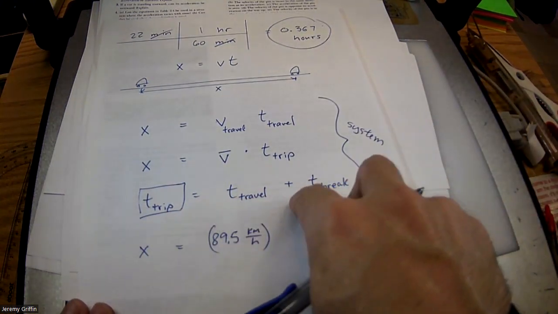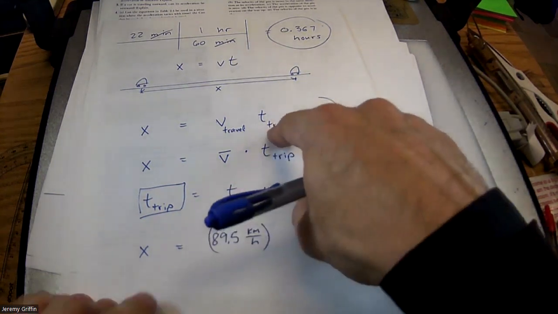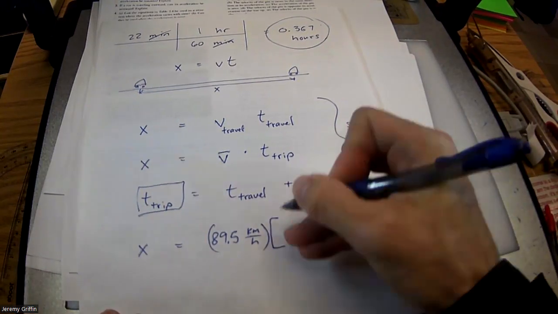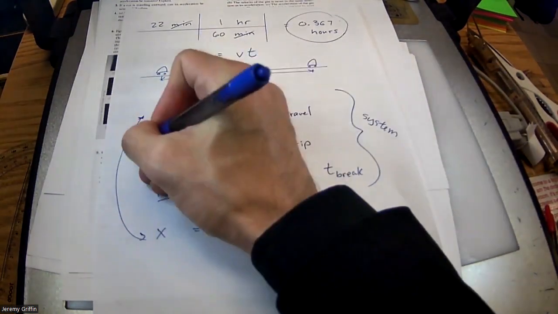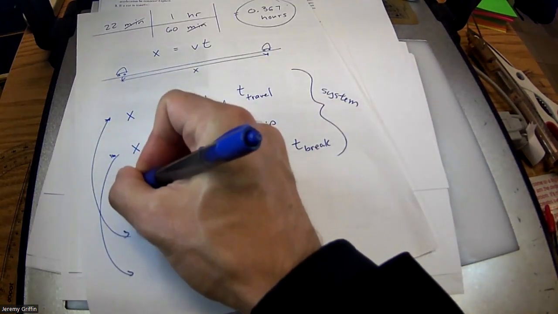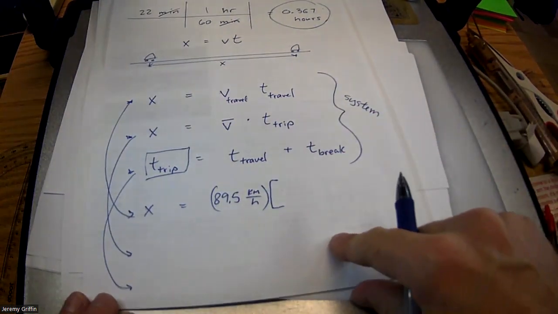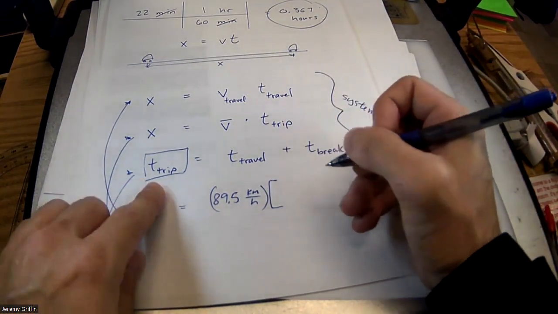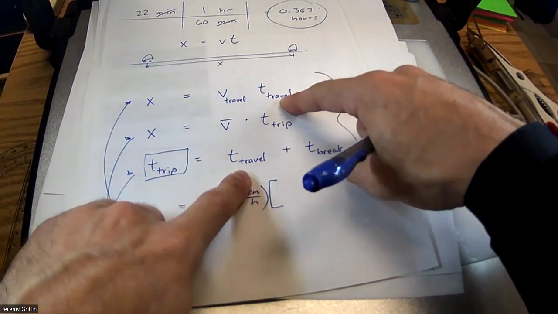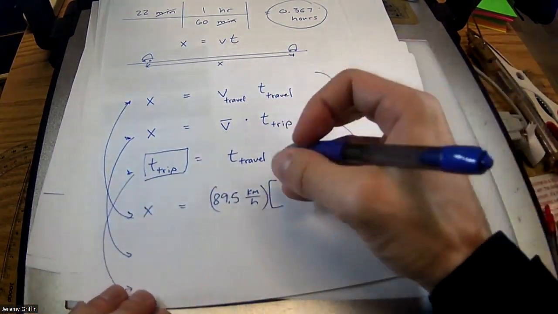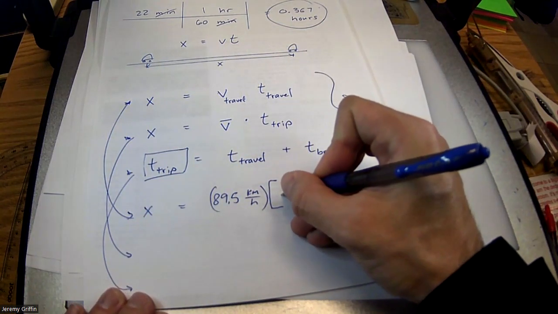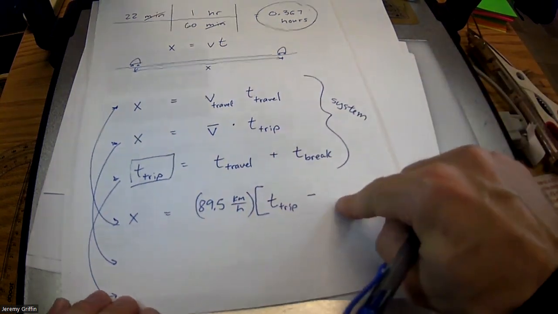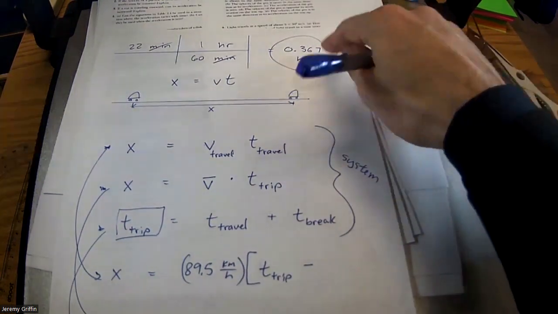Can I take this third formula, rearrange it, and say that this travel time is equal to the trip time minus the break time? So this travel time is equal to the total trip time, which they wanted you to solve for also, minus the break time. And the break time we have a number for. It's this many hours.